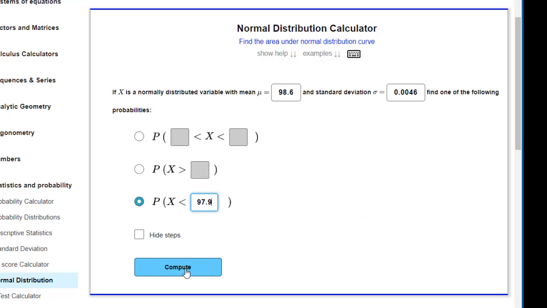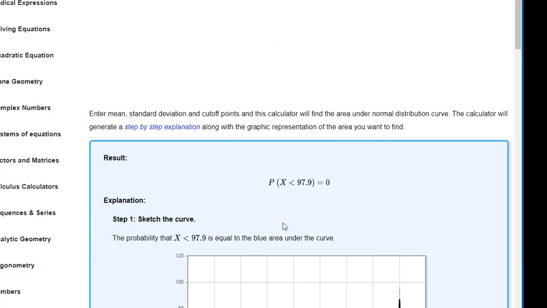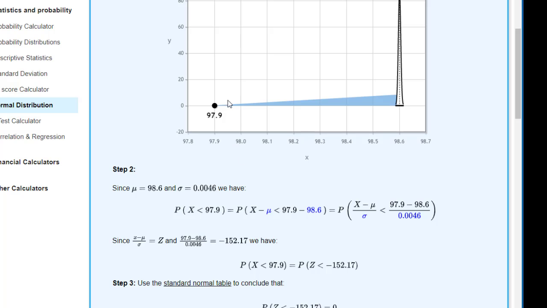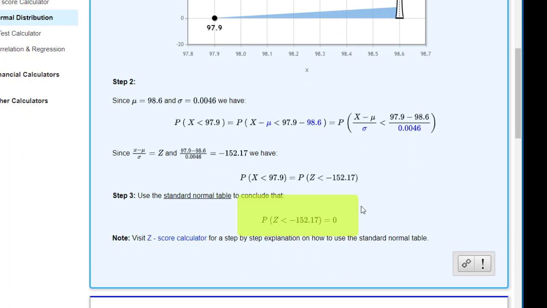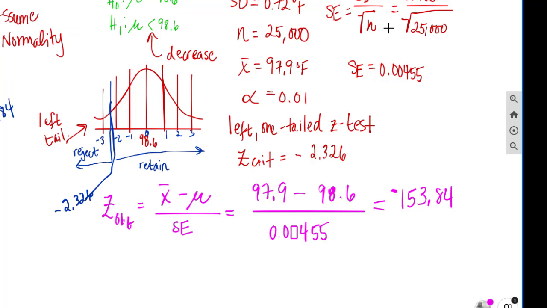When we hit compute, and basically here's my curve, and this thing is all the way over there. See that? There is no chance of that happening. Basically nothing. 0% chance.